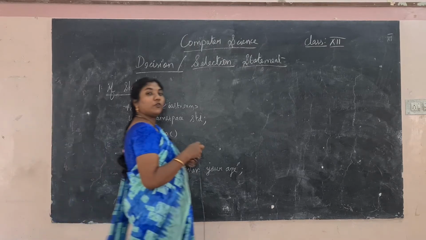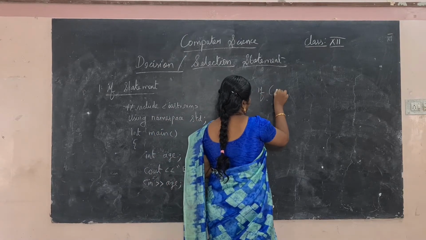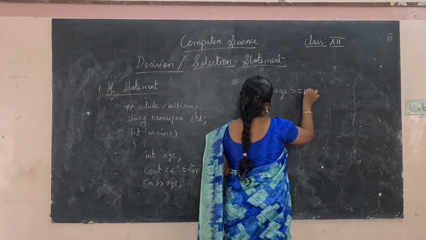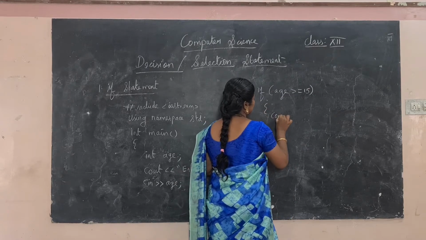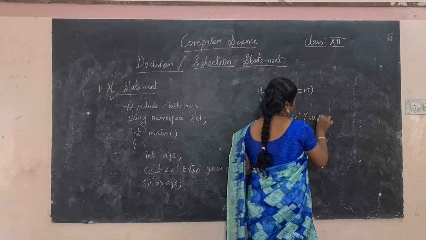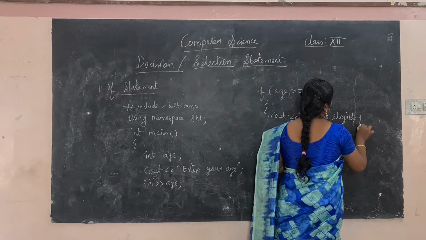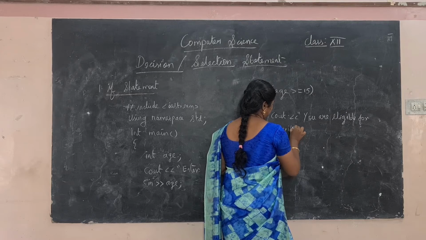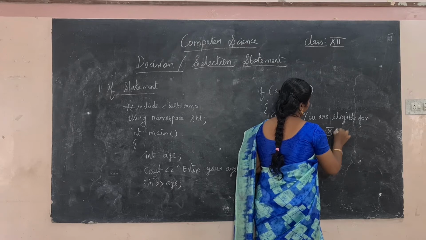Next I am going to check the condition. If age is greater than or equal to 15, then I am going to give a statement: cout "You are eligible for writing your 10th board exam."